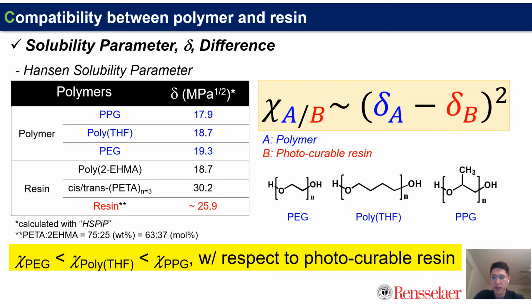And we can see that the greater the difference in solubility parameter, the smaller the compatibility, by following this simple equation. As a result, the least compatible with the photocurable resin is PPG among the three polyethers. In the UV transmittance results shown in the previous slide, the greatest increase in optical turbidity of PPG can be attributed to the least compatibility.